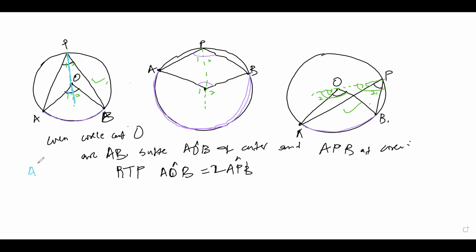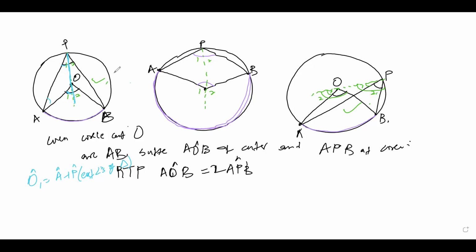So O1 is equal to angle A plus angle P1. Your reason will be exterior angle of a triangle.